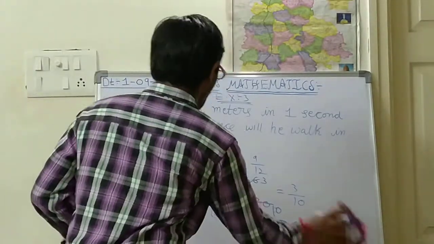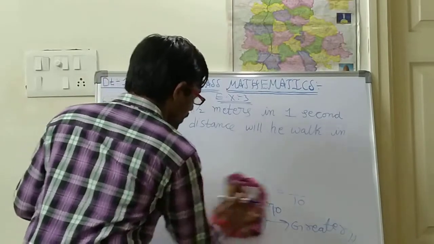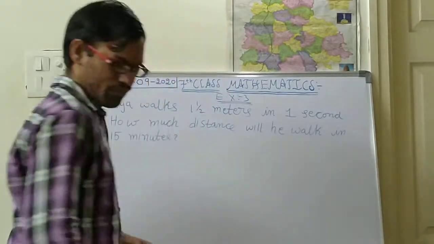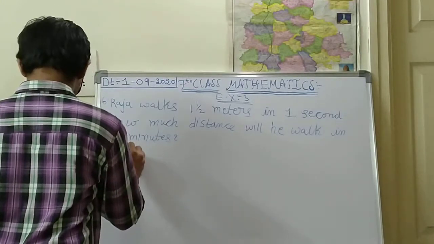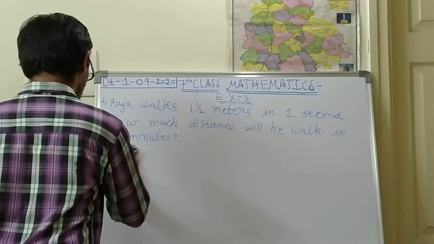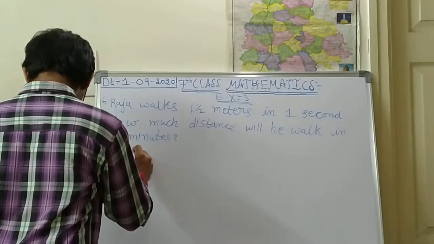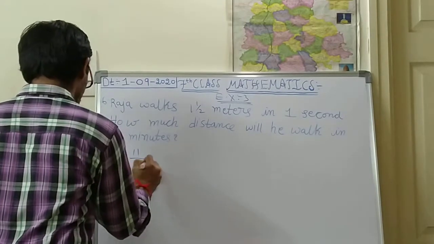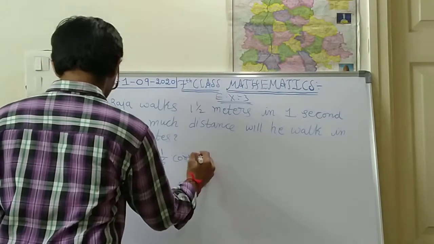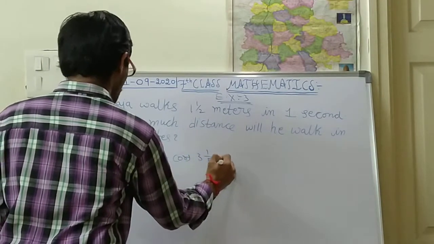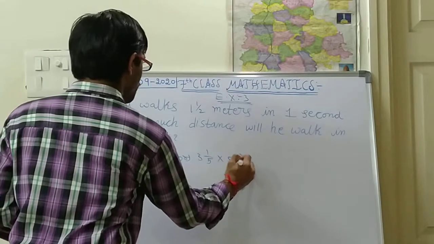Next, one more problem I have given: 11 by 2 into 1 by 6, or 3 1 by 5 into 8 2 by 3.